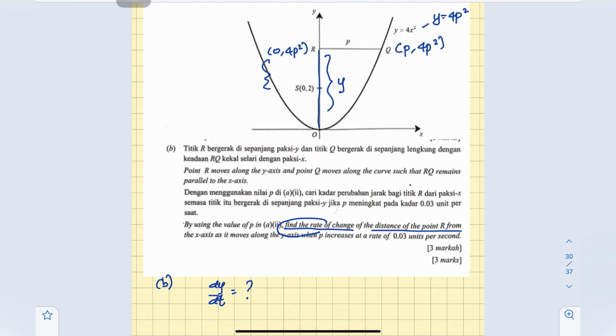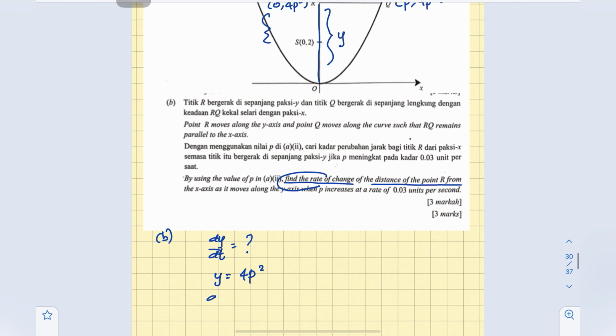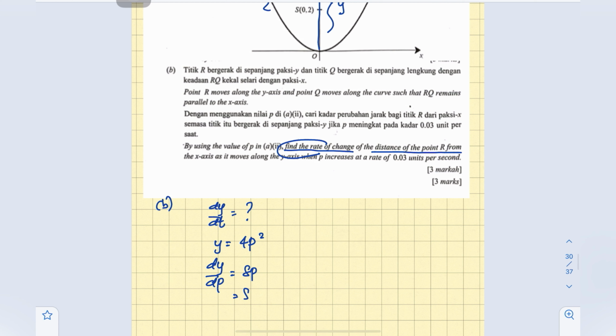For the chain rule, we have y equals 4p squared. So y in terms of p, we differentiate and get dy/dp equals 8p. Now P is 2, so substituting 2 gives 16. Then given from the question, P increases at the rate, meaning that dp/dt equals 0.03.